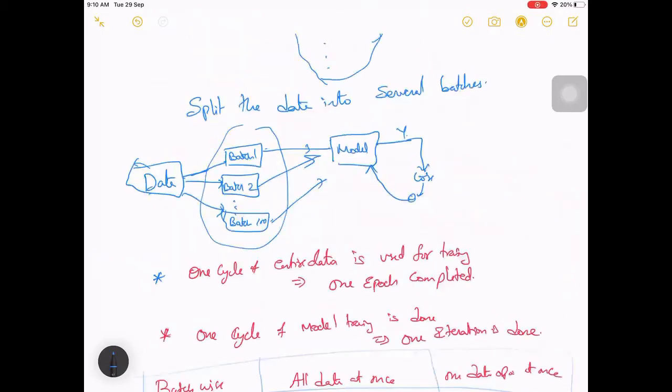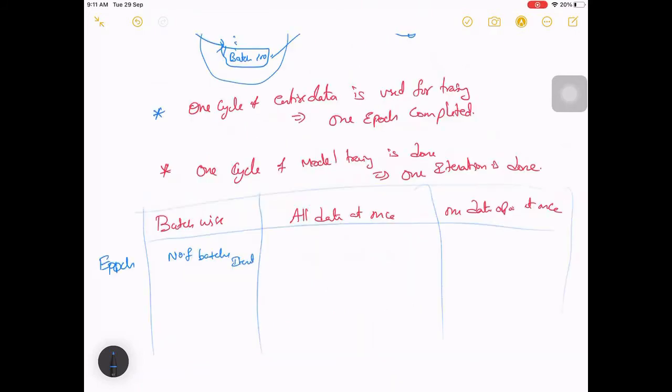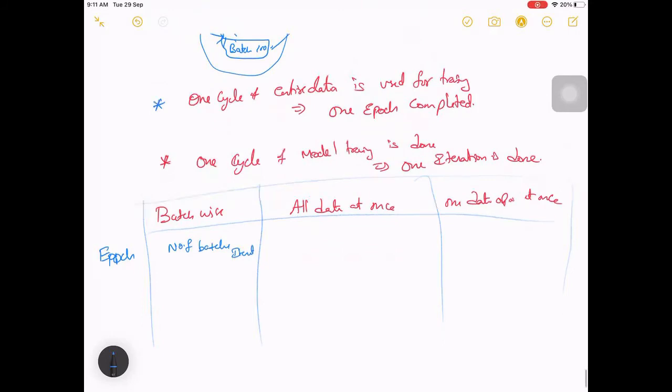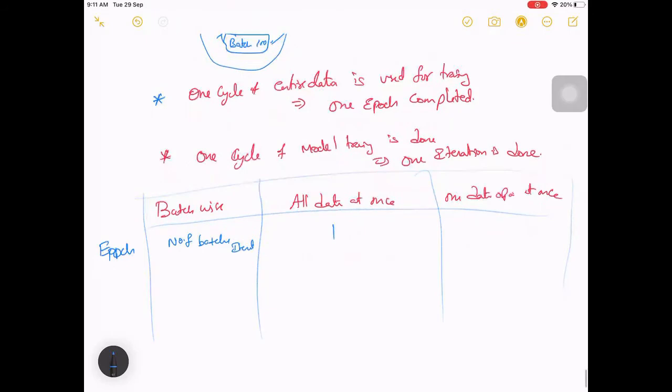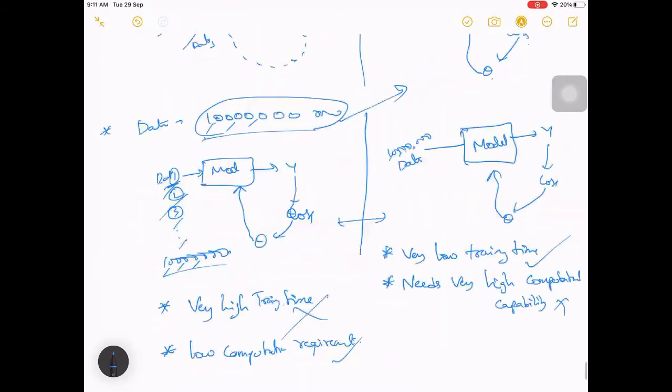it needs 100 iterations to complete one epoch. But if you take the case where all data goes at once, the number of epochs is one, because your entire data is going at once. So for one epoch, it needs only one iteration.